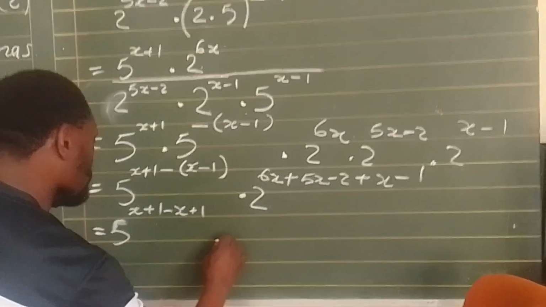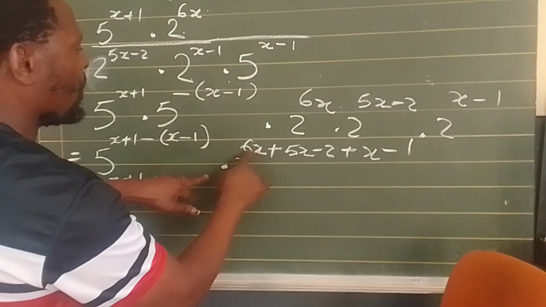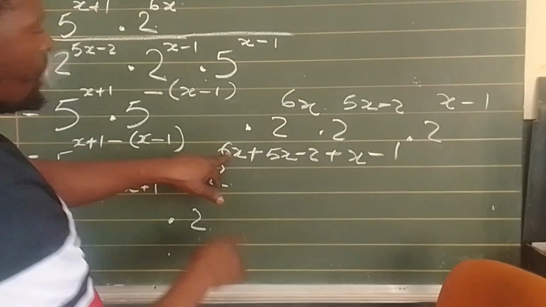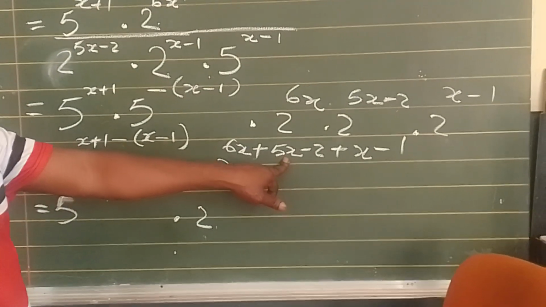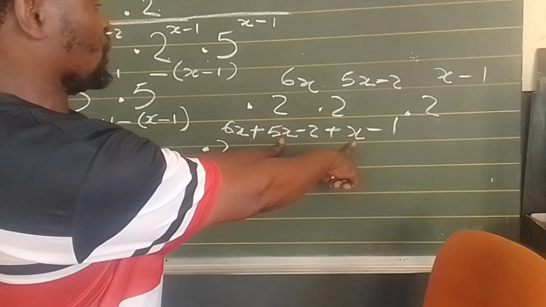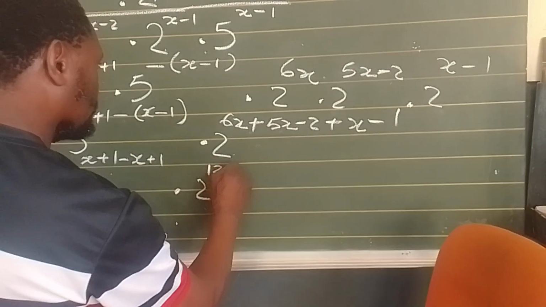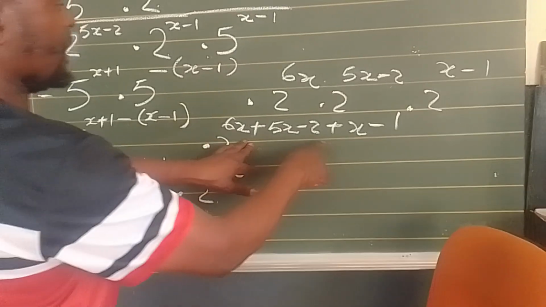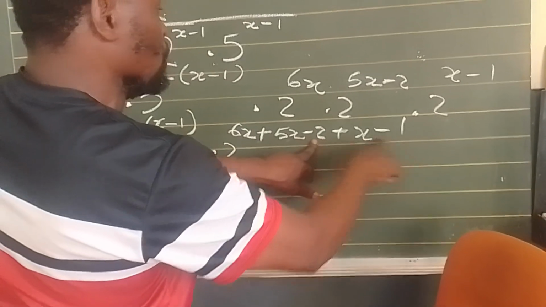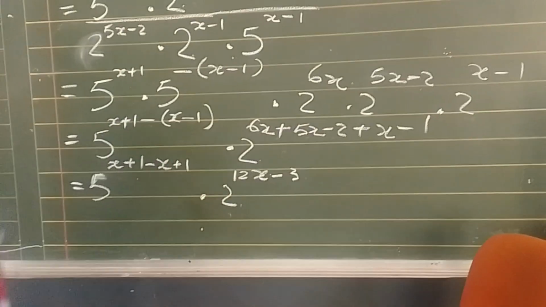I come to 2, multiplied by 2 raised to the power 6x plus 5x, it's 11x. 11x plus 1, it's 12x, and then a minus 2 and a minus 1 give you minus 3.